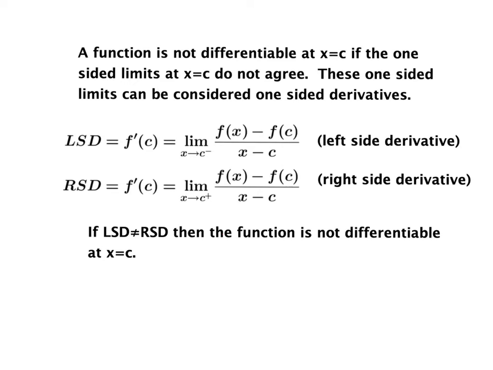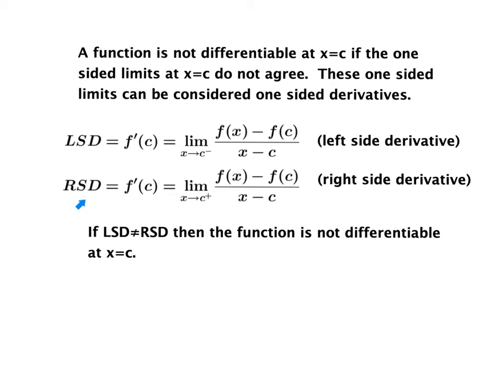Okay, to summarize the point about left and right-sided limits and their relationship to derivatives, I want to maybe point out the obvious, but since our derivatives are limits, the left-sided derivative is going to be the left-sided limit. So we could even call this the left-sided derivative.